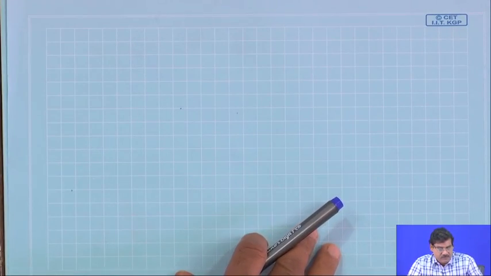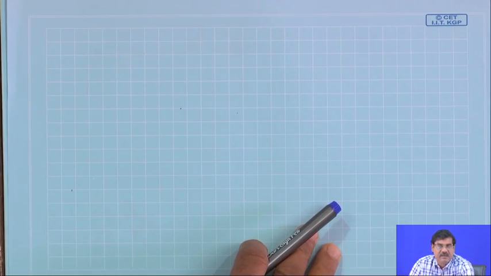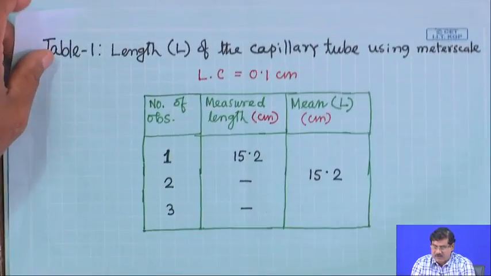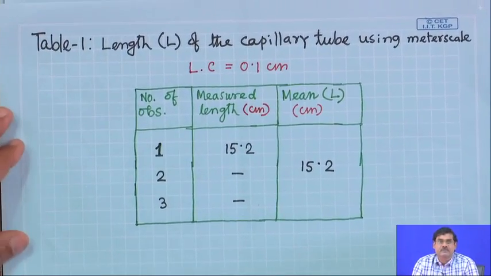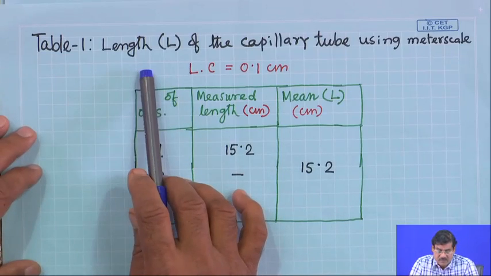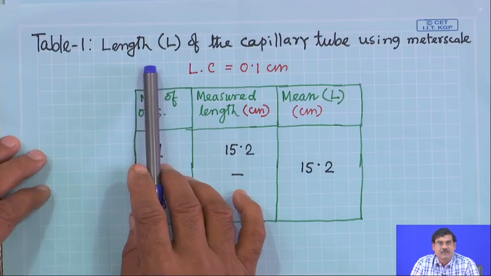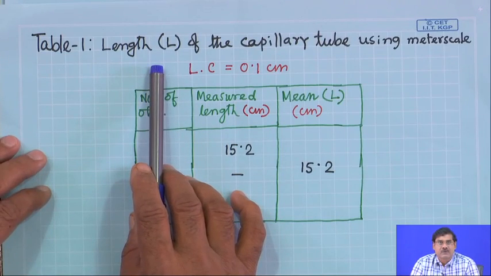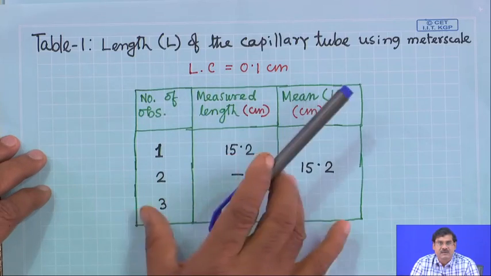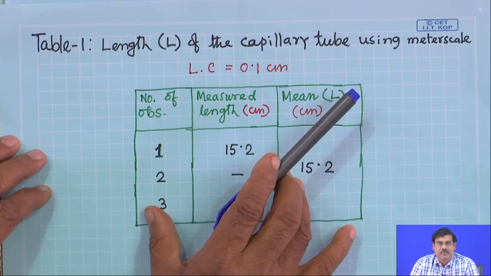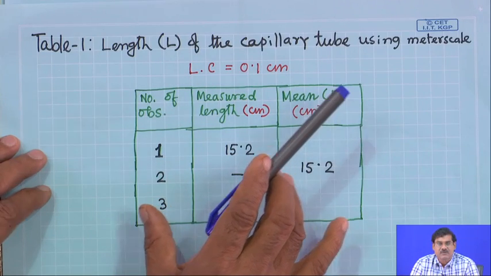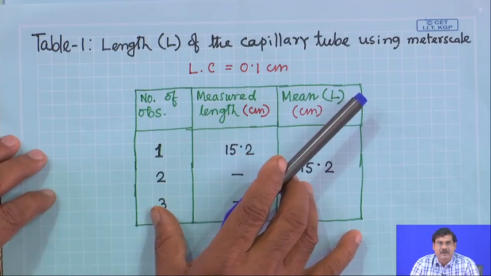Then first we measured the length of the capillary tube. Basically, one tube was used in the measurement.